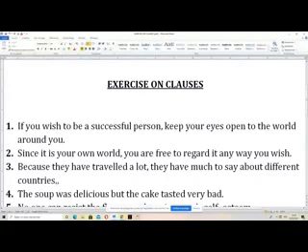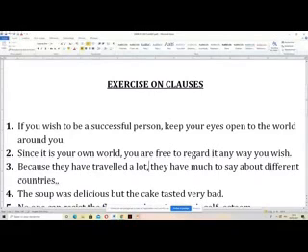Adverb clauses functioning as adverbs of condition are also referred to as clauses of condition, or condition clauses.